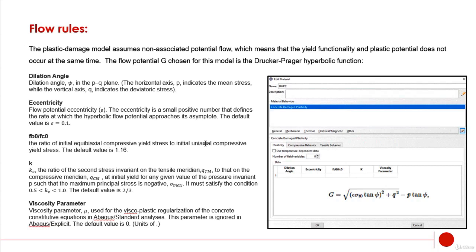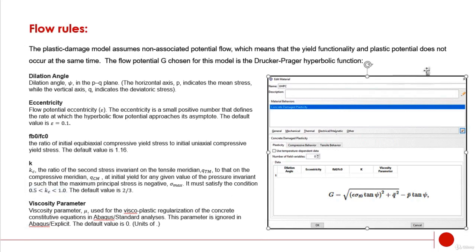K is the ratio of the second stress invariant on the tensile meridian to that on the compressive meridian. This value should satisfy a condition: it should be between 0.1 and 1.